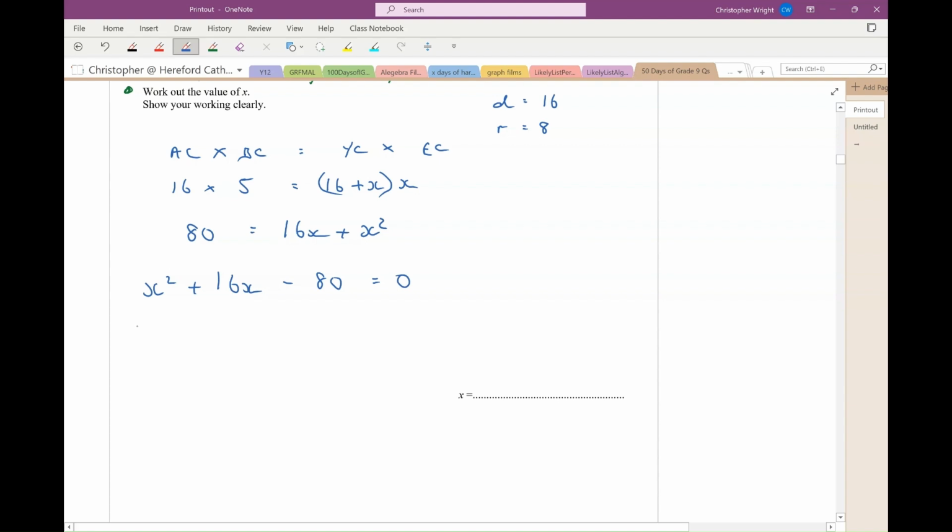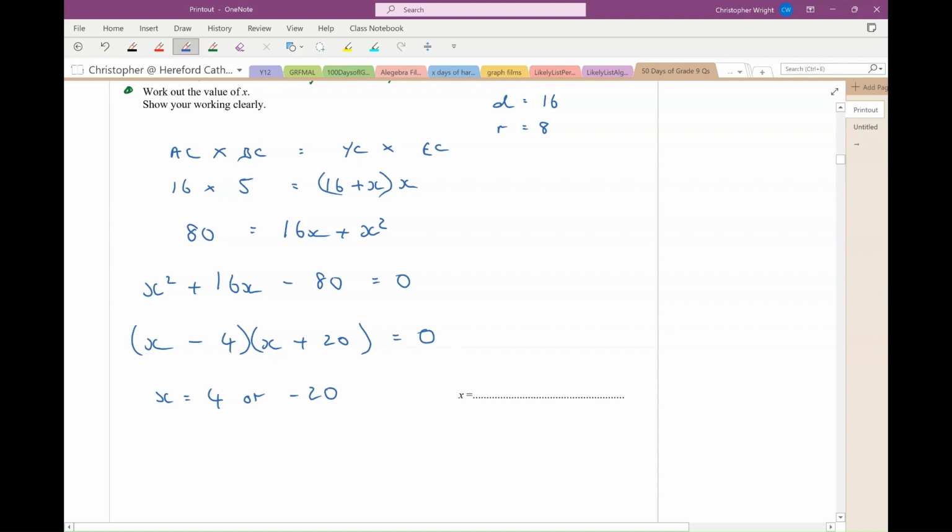I think I can. It's got to multiply to minus 80 and add to 16. 20 and 4 maybe, plus 20 minus 4. That's going to give me minus 80 and it gives me plus 16. So look at that. My solutions are x is 4 or minus 20.